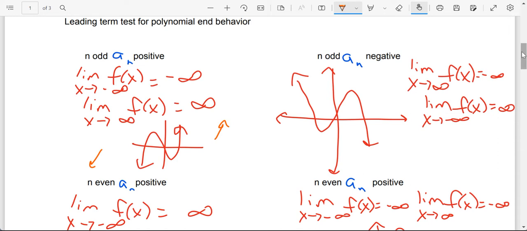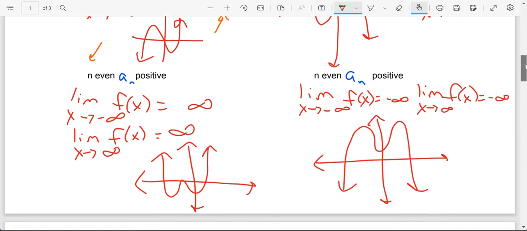And down below here are two examples where n is even. When n is even and the leading coefficient is positive, just like your x squared graph, it goes up and up. The limit as x goes to negative infinity of f of x is infinity, and the limit as x goes to infinity of f of x also goes to infinity. That shouldn't say negative, it should say positive.